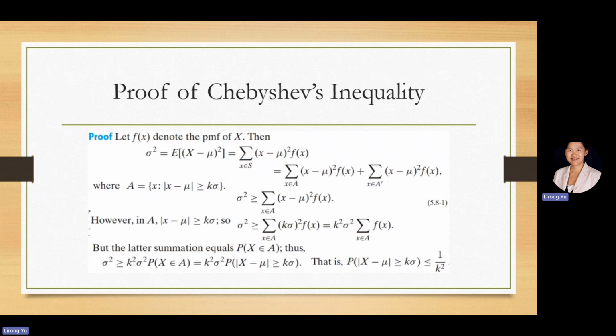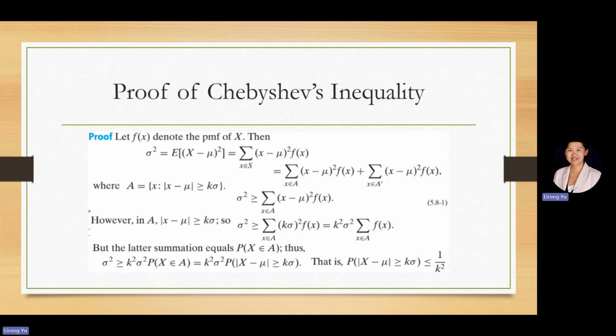All right, so this is how we calculate the expectation of X minus mu squared, which really is the definition of the variance. The variance equals the summation of x minus mu squared times the probability for x. This x is for all the possible x's in the domain.